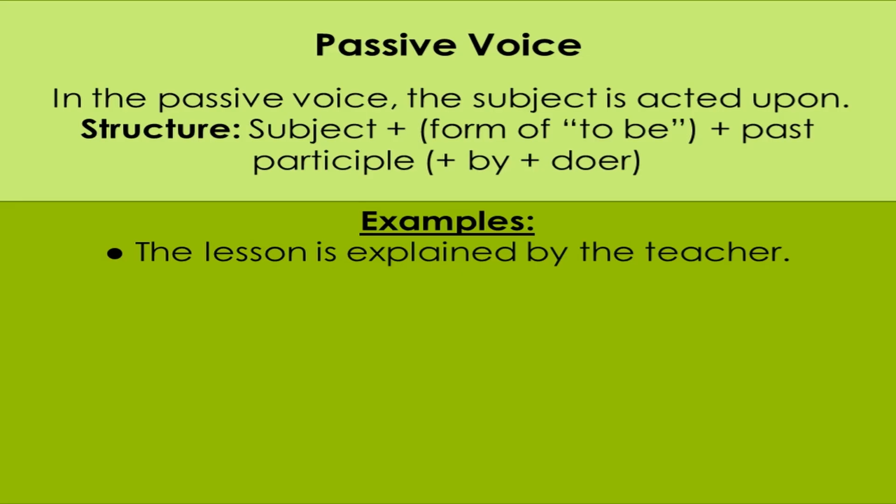The lesson is explained by the teacher. This is passive. The lesson, now we start with the object. In the active voice, we said the teacher explains the lesson. But now here we start by the object. We say the lesson is. This is the form of to be, is explained by the teacher.